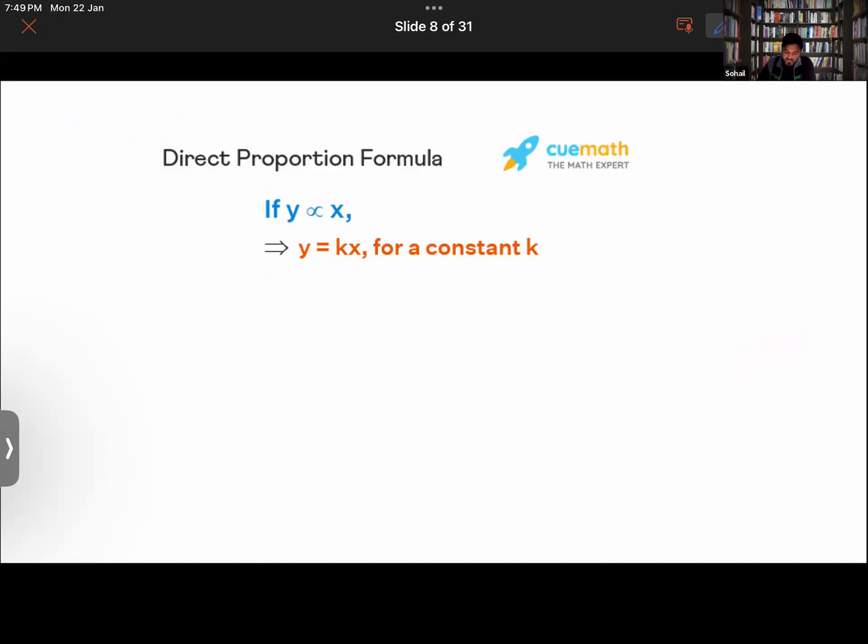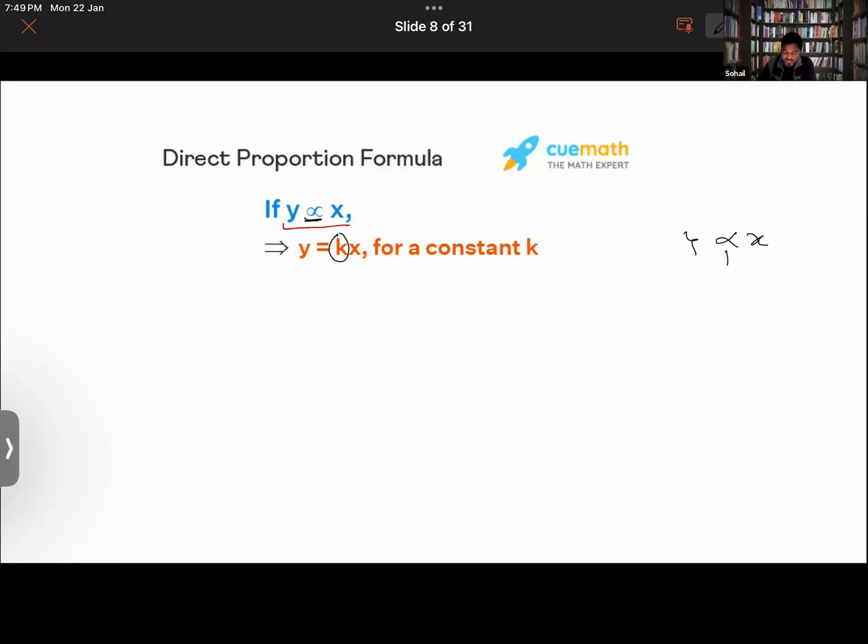Now look at this one also. Whether you say x proportional to y or y proportional to x, both are the same thing. So when you remove this sign of proportion, a constant value k comes in.